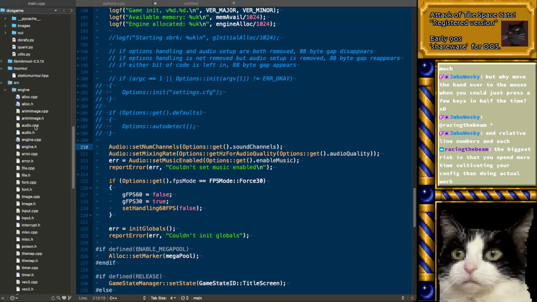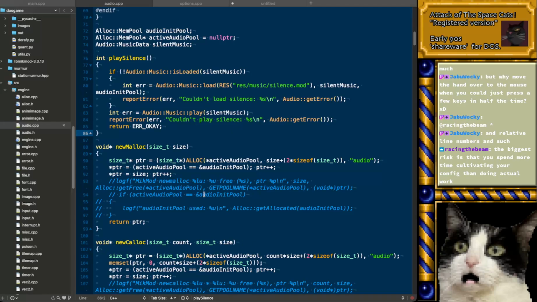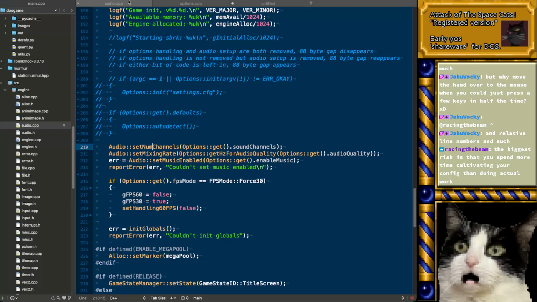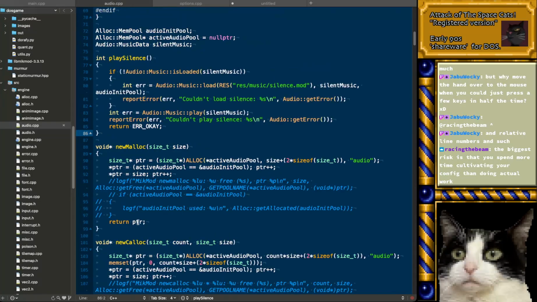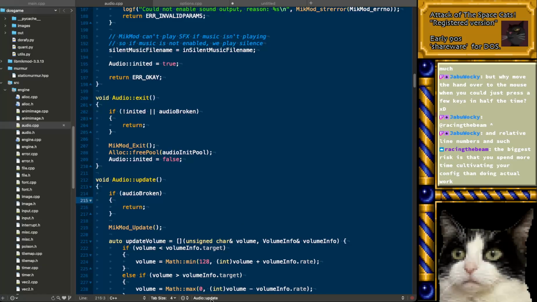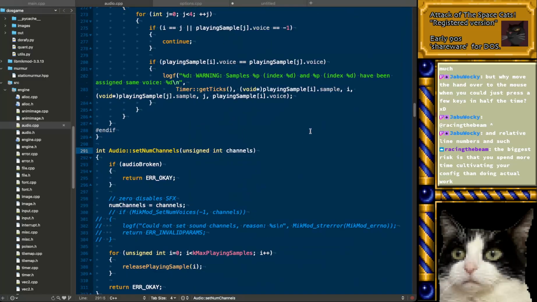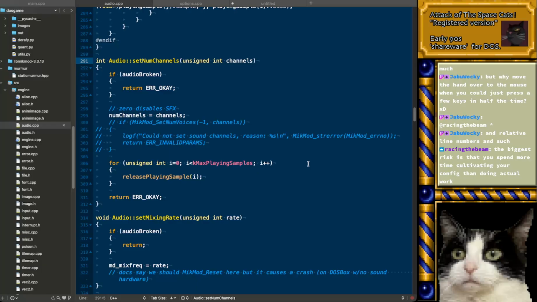I mean, again, no, it doesn't really make sense that even if this was allocating something, it wouldn't. I'm looking at the wrong thing. Num channels, mixing rate, music enabled. So much crap. Num channels? There it is. That just resets structs, if I remember rightly.